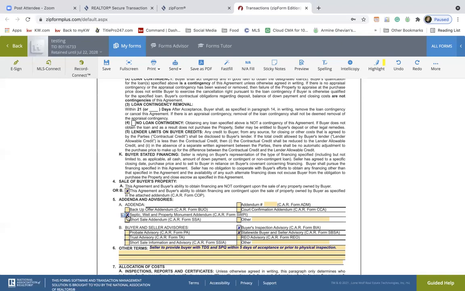And usually I will put it on the seller to provide me with clearance on the septic tank, because that can be anywhere about $700-800. They have to come in, empty the septic tank, and then put a camera in there to see if there are any cracks or anything. And if there are any cracks and the septic tank has to be taken out and replaced, that can be thousands of dollars.